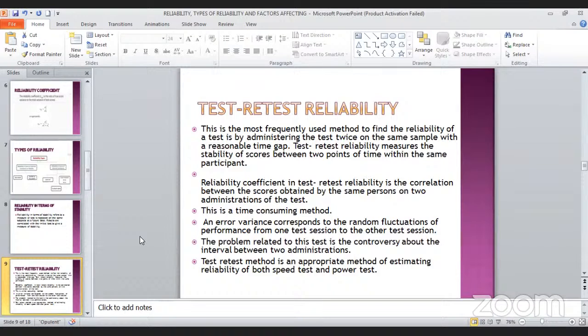So we have to administer the same test on the same sample under the same or similar conditions within a reasonable time gap. And then we compute the test-retest reliability by finding the correlation coefficient between the scores of the test and the retest of the same sample. Clear?